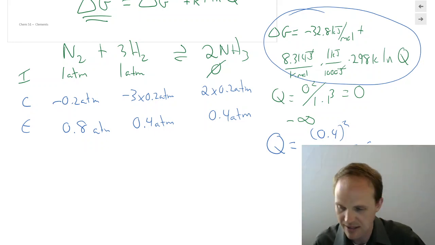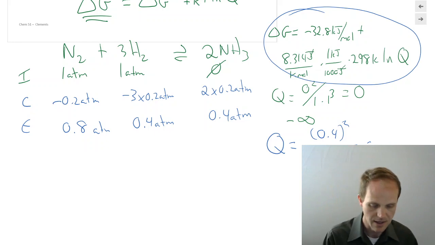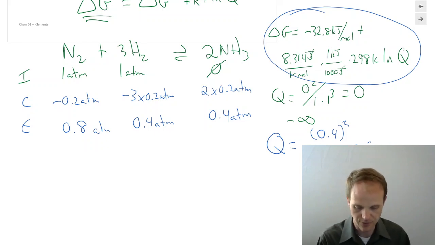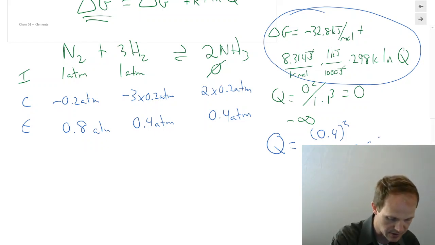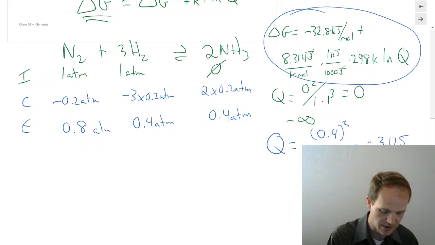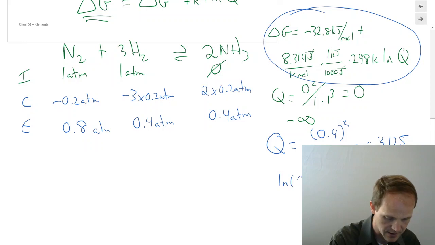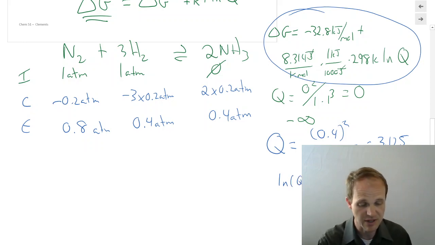I just need to put that in my calculator. Sorry about that. 0.4 squared divided by 0.8 divided by 0.4 cubed. That's going to be 3.125. The natural log of that is 1.14. And so we just plug that into our calculator.